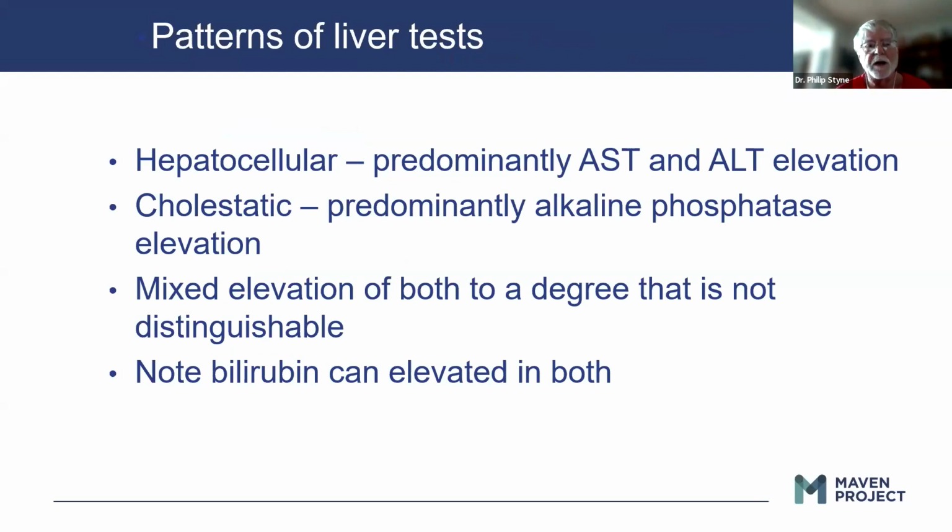I've seen one particular patient with hepatitis A who had a very cholestatic pattern. And when you look up drug toxicities, and we'll talk about that later, very often there's a mixed elevation. Do note, though, that bilirubin can be elevated in both the hepatocellular and the cholestatic pattern. Next slide, please.